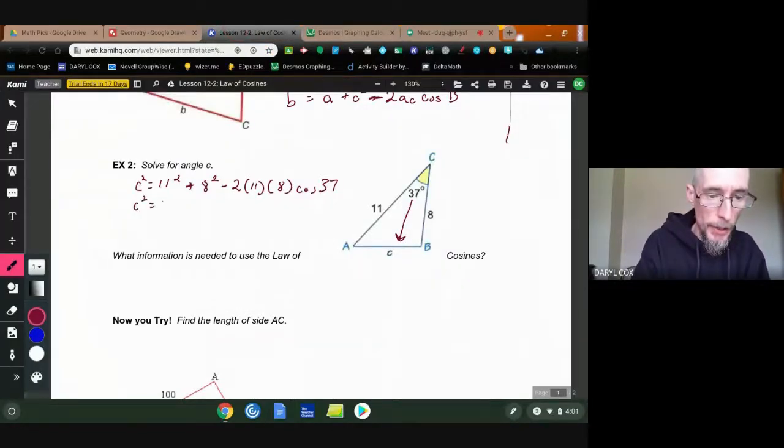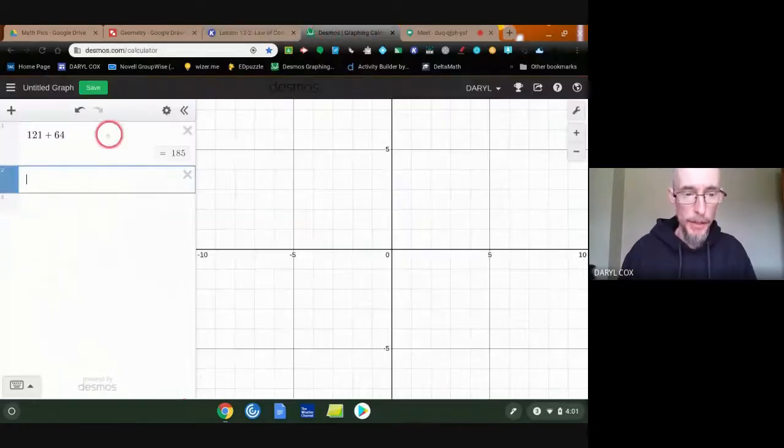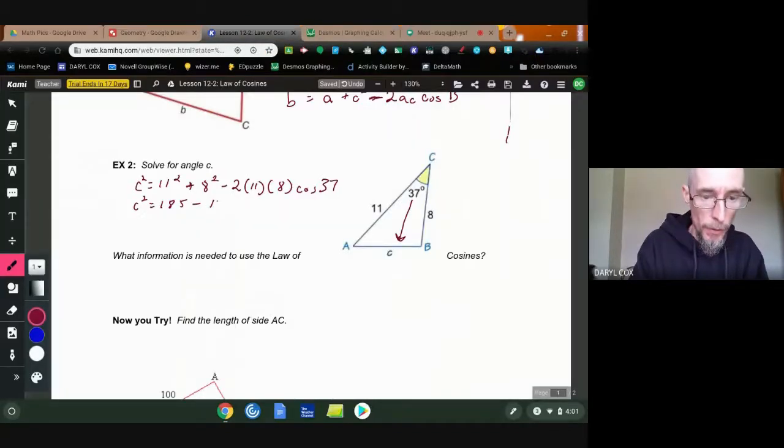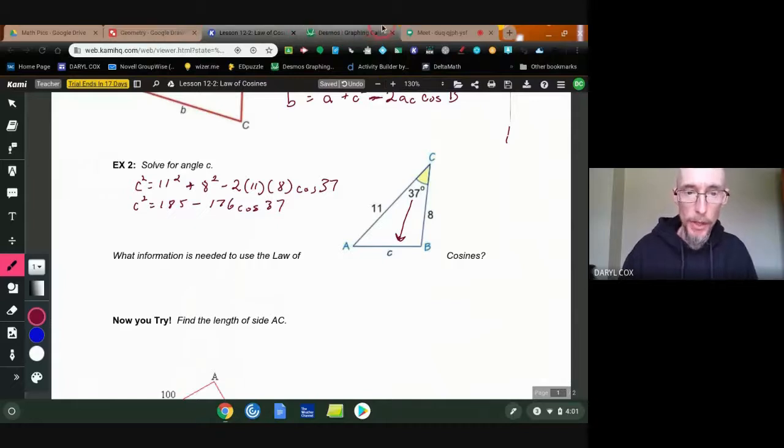So c squared is 185 minus 2 times 11 times 8. 2 times 11 times 8 is 176, times the cosine of 37. Remember the order of operations: you have to multiply before you add and subtract. Cosine of 37 is a number, so I have to do the multiplication first. 176 cosine of 37.